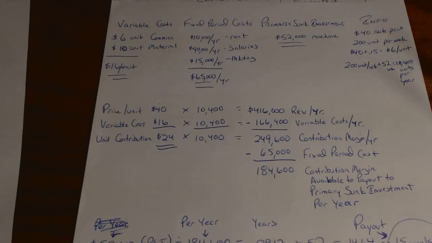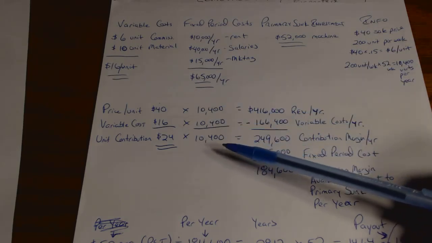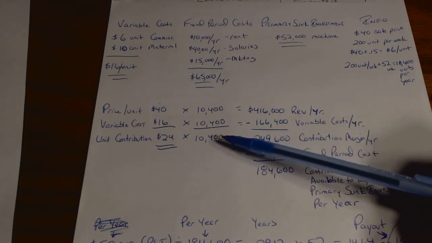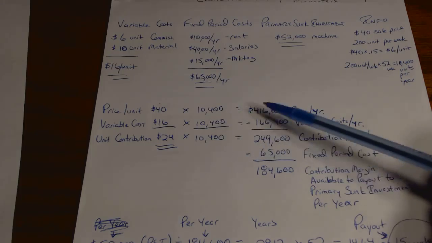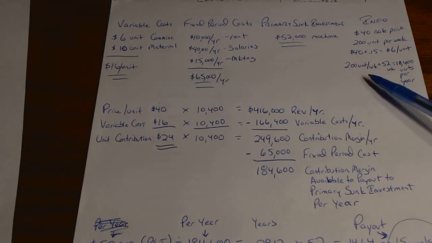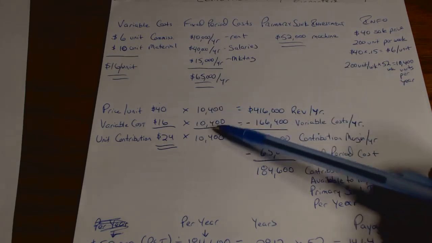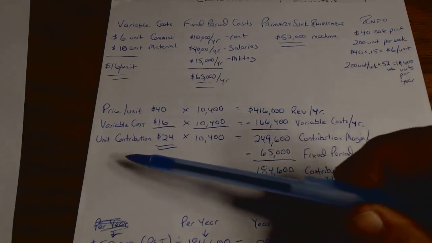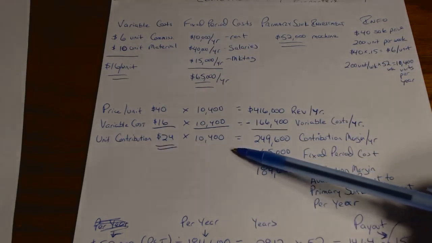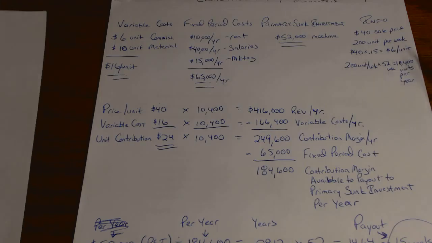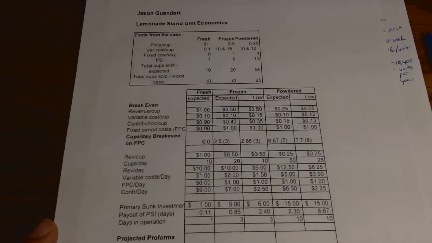You just have to multiply. In this case, they wanted it by year, so we multiplied it times 52 weeks times 200 units per week. Sorry, the number of units. 52 weeks times 200 units to get a unit contribution times the number of units that were produced. Okay, so hopefully that helps you out.